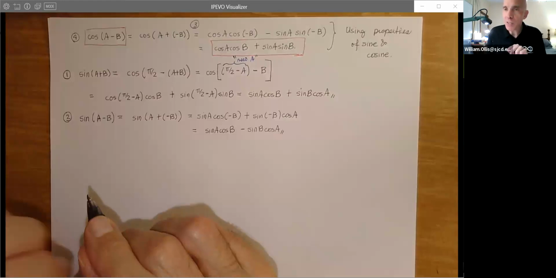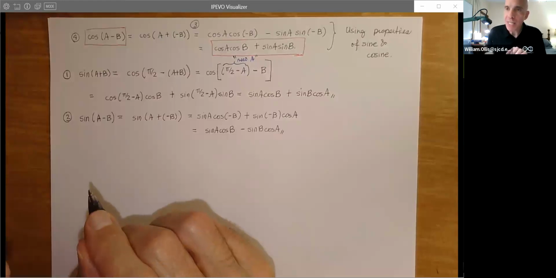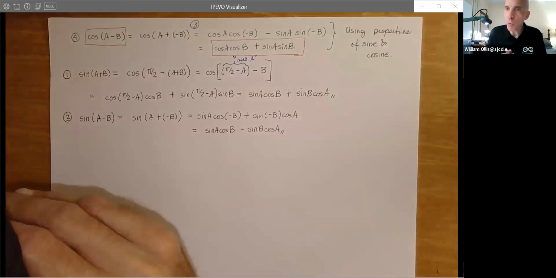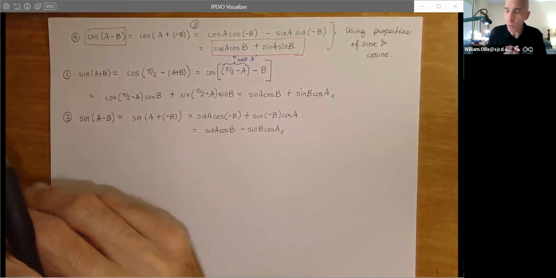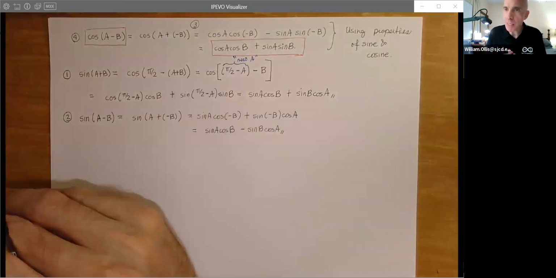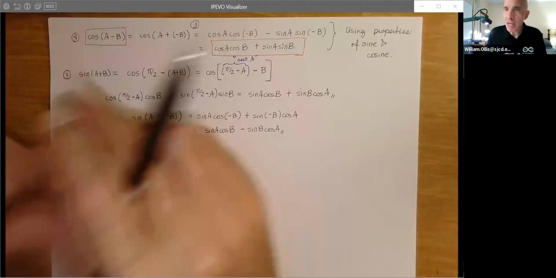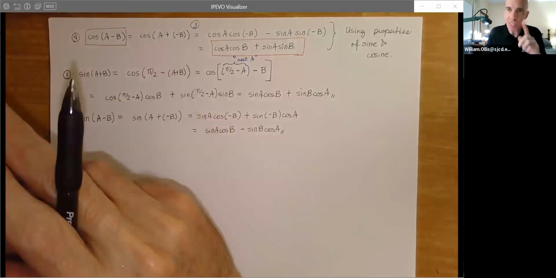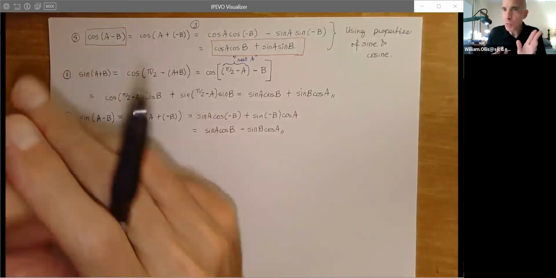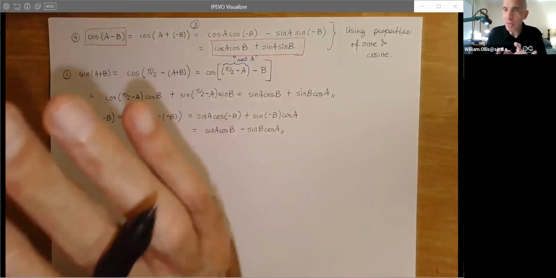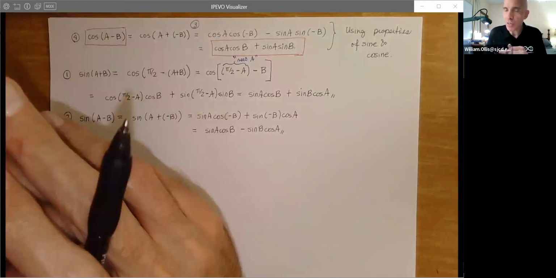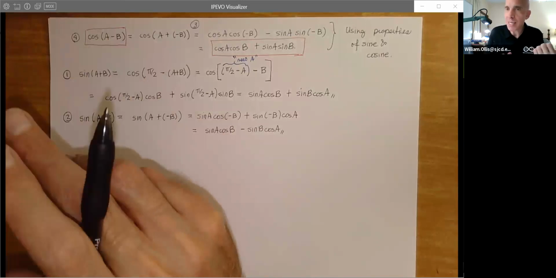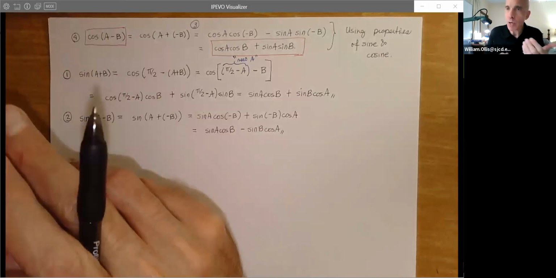But what I'm trying to impress upon you is that we keep using the same arithmetic over and over. So when we start solving more elaborate equations, like you did in 6.4, we'll still use the same arithmetic, but the identities are going to help us. Some of these new identities will help us to rewrite equations so we just have one trig term and we can treat it like an algebraic equation in cosine or an algebraic equation in sine, just like we would have an equation in e to the x or an equation in 1 over x.